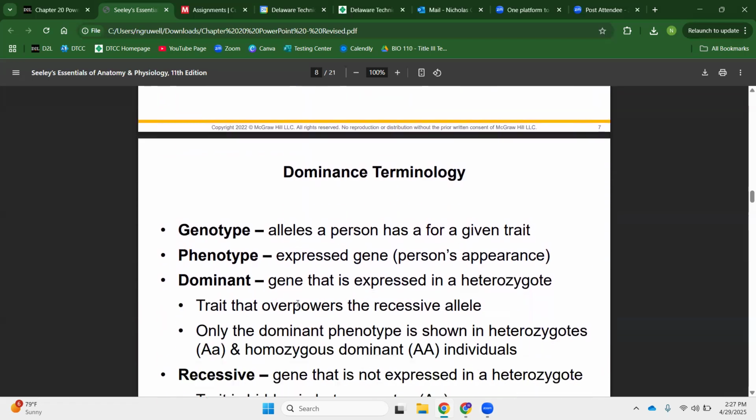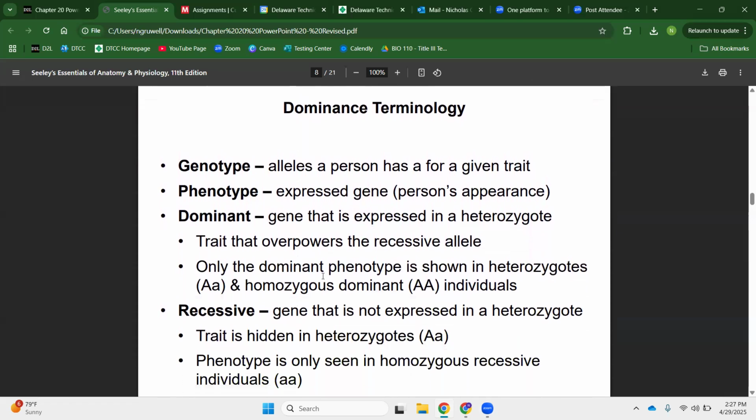So what does dominant and recessive actually mean? The dominant trait is going to be the gene or the allele that is expressed in a heterozygous genotype. Our genotype is what we have on paper. We use capital letters and lowercase letters to represent dominant and recessive.